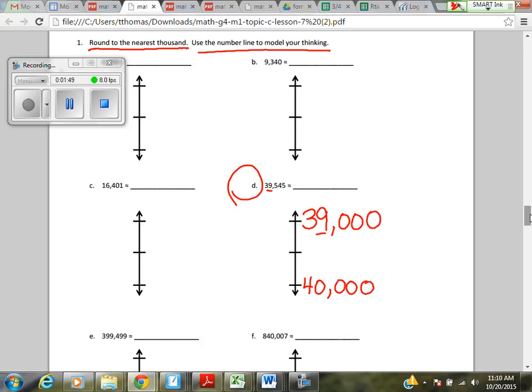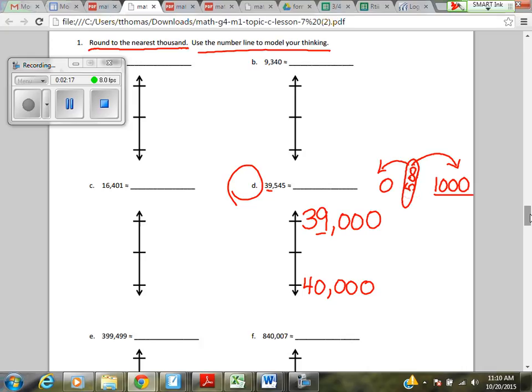Now, between 0 and 1,000, because we're rounding to the nearest thousands, the middle number is 500. Why? Because if I made a number line and I put all 1,000 numbers on it, there would be the same amount of numbers to the left of 500 and the same amount of numbers, including 500, to the right. And then 500 would be exactly in the middle.